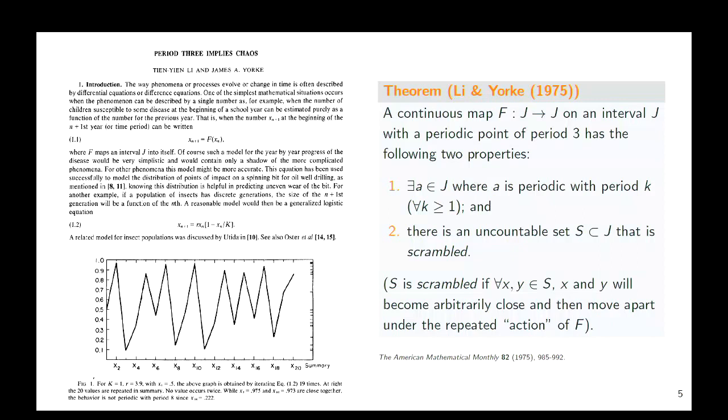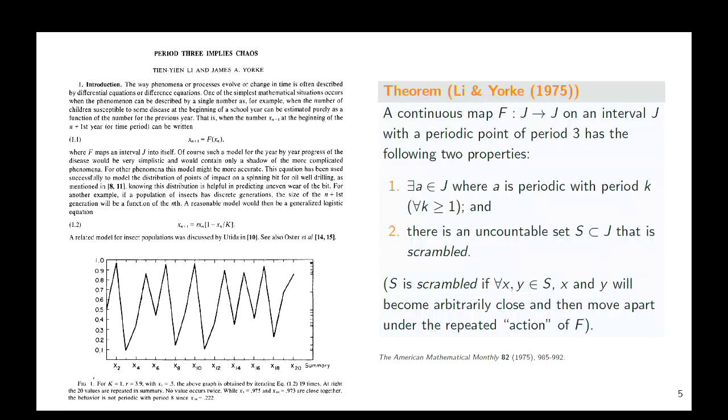So Li and Yorke were considering maps, simple maps from x_n, so you have a value x, your map takes it to a new value, x_n to x_{n+1}, x_{n+2}. You can write down that sequence of values. This is a sequence of such values. Right? And they proved a theorem in this paper.